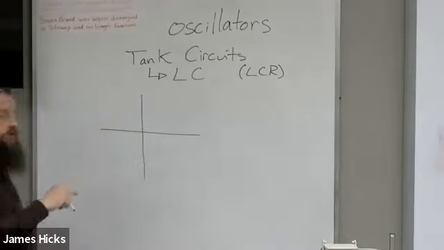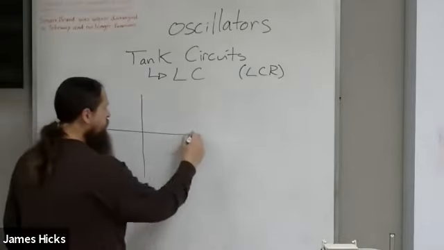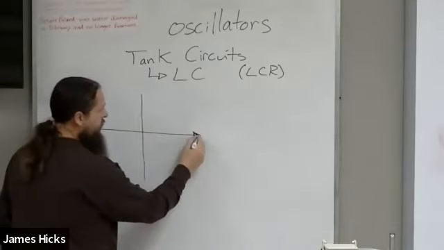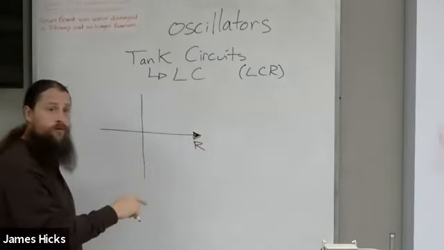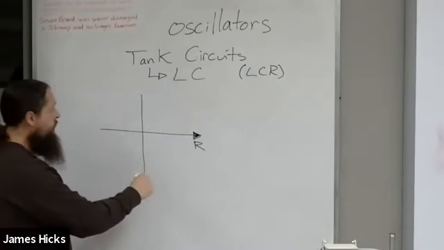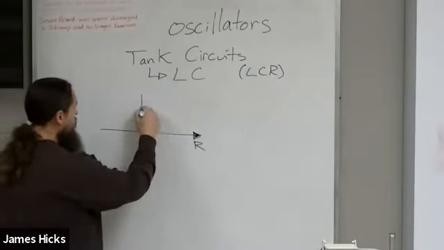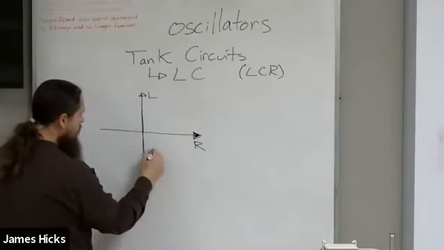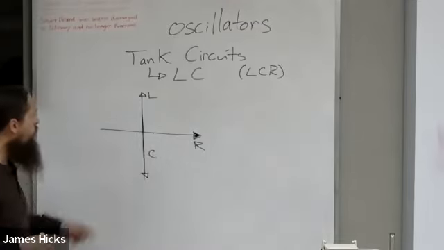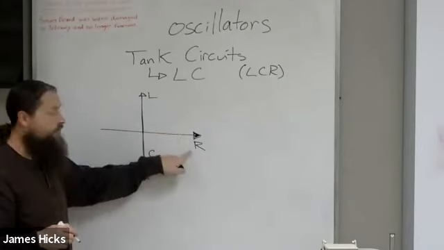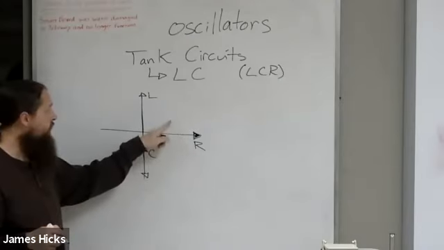Also remember that we looked at the phase of these. Resistance has no frequency dependence, so it has a completely real reactance. L and C had reactances that were 90 degrees different from the resistance, but in opposite directions.